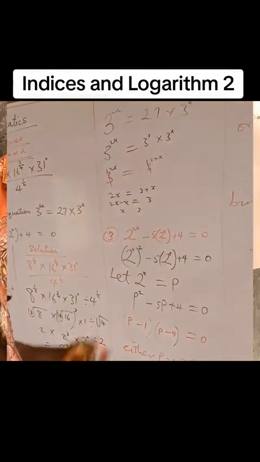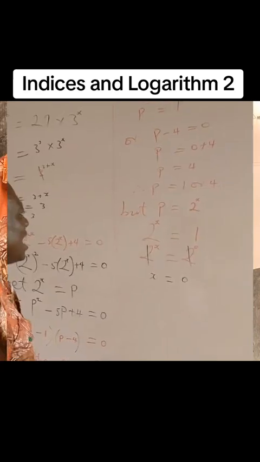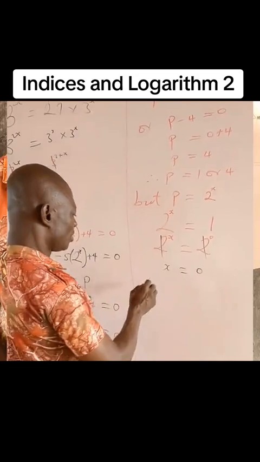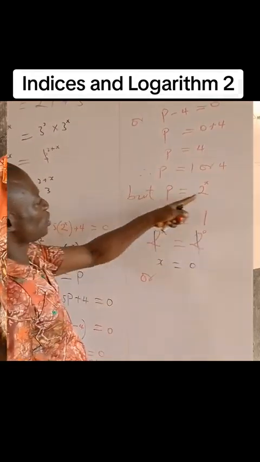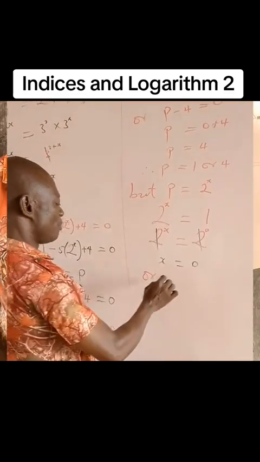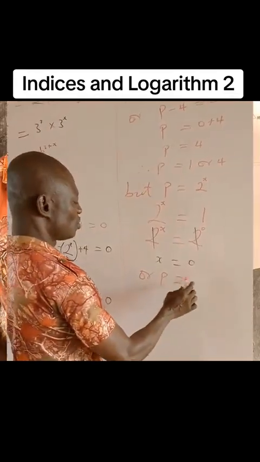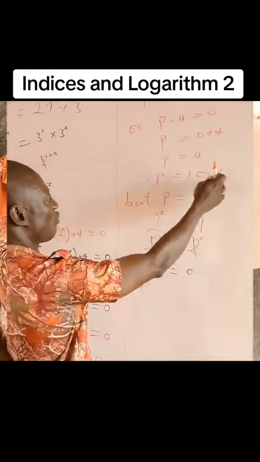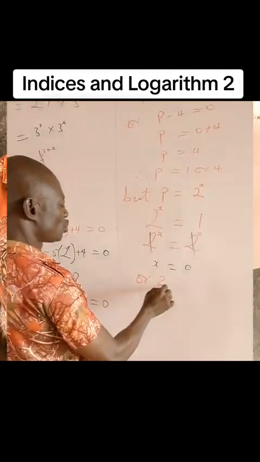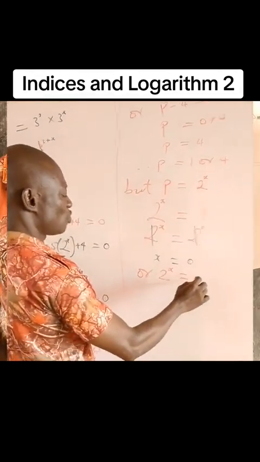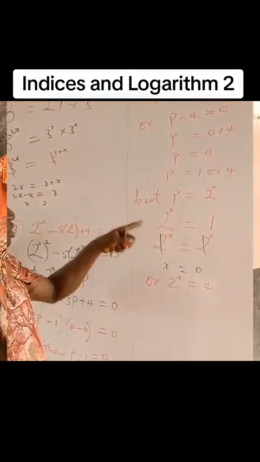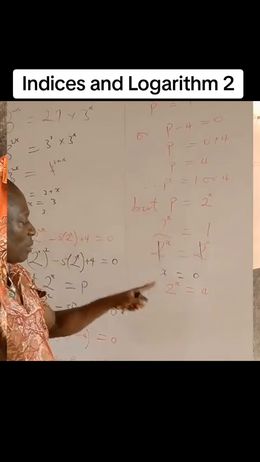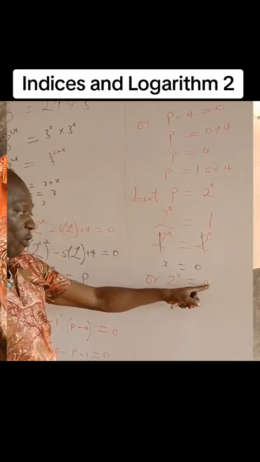Since we have two values, we have used p is equal to 2 raised to the power x when p is 1. Now let us use p is equal to 4. That means 2 raised to the power x is equal to 4.